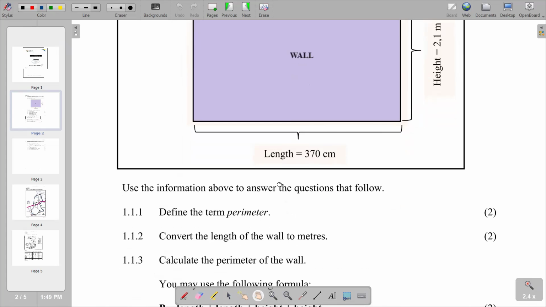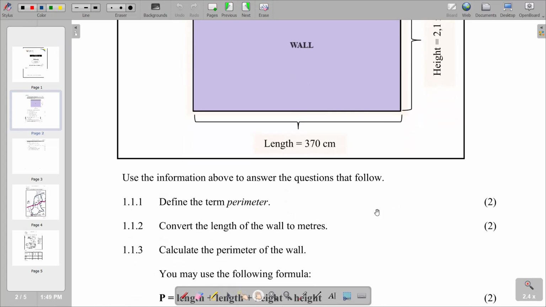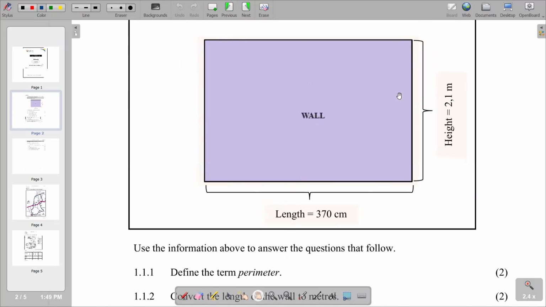So the first question is: define the term perimeter, for 2 marks. Obviously, perimeter is the total distance around the shape. The distance that we have around the shape is the perimeter. Or we can rather define a perimeter as the total distance around the edges, defining the outline of the shape.